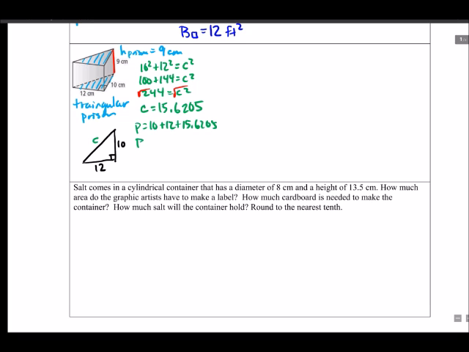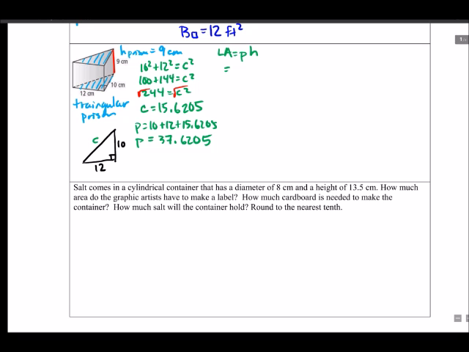15.6205. So my perimeter is 37.6205. That's going to let me find my lateral area. And my lateral area is simply perimeter times the height of the prism.